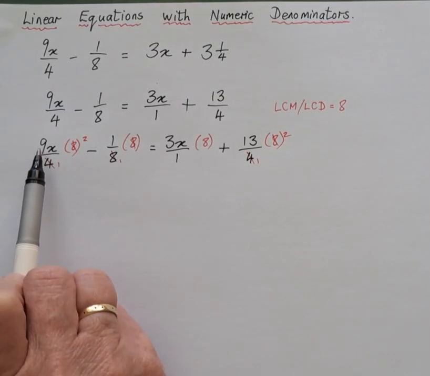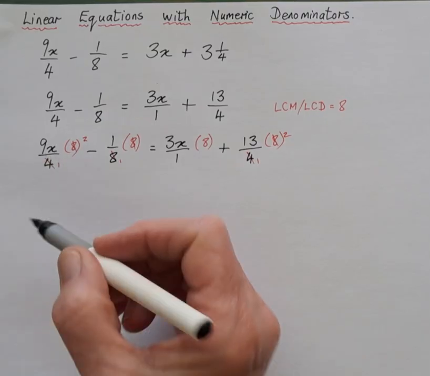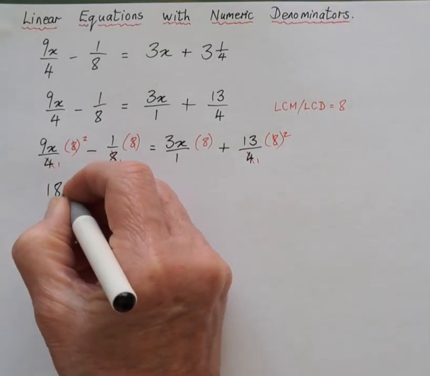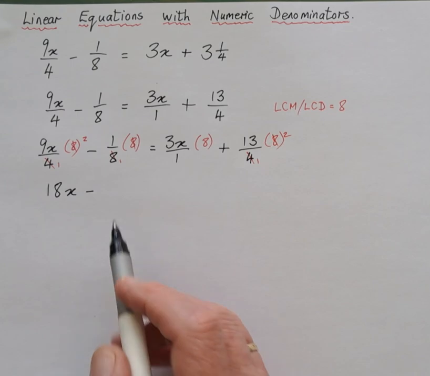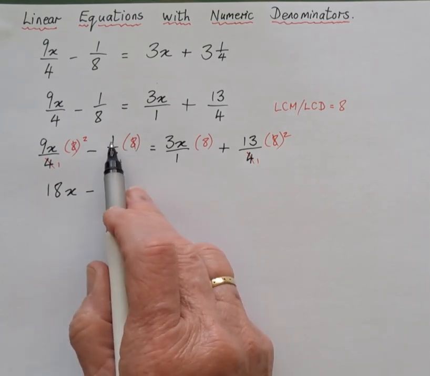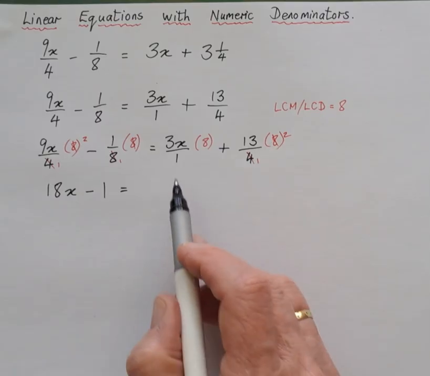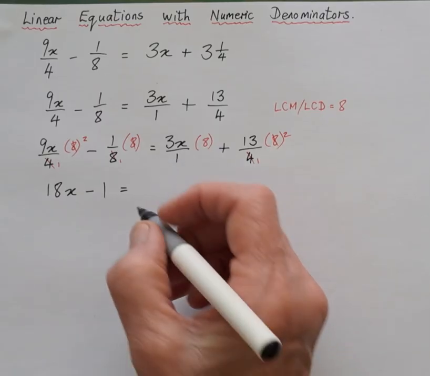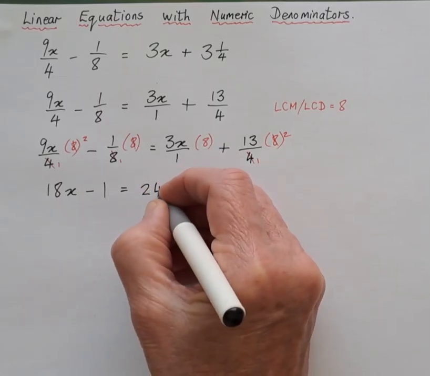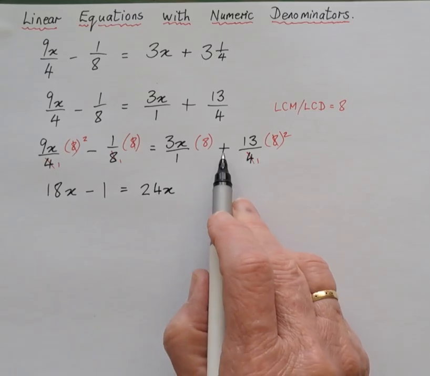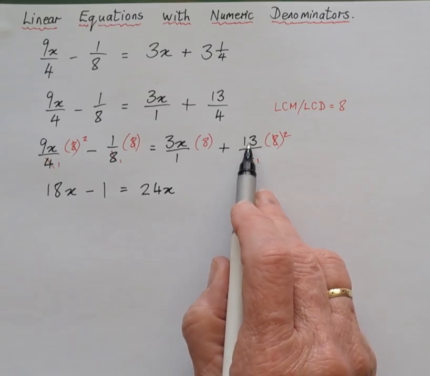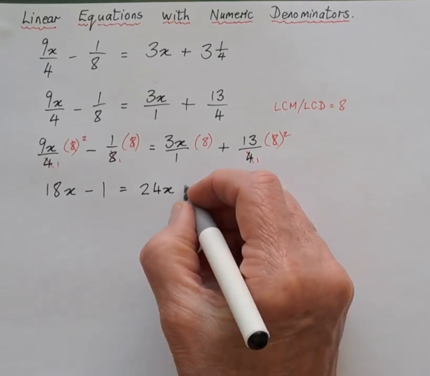So the numerator I've left with 9x times 2, minus, those cancel completely, so I'm just left with minus 1. Here I've got 3x times 8. And then here I've got 13 times 2.